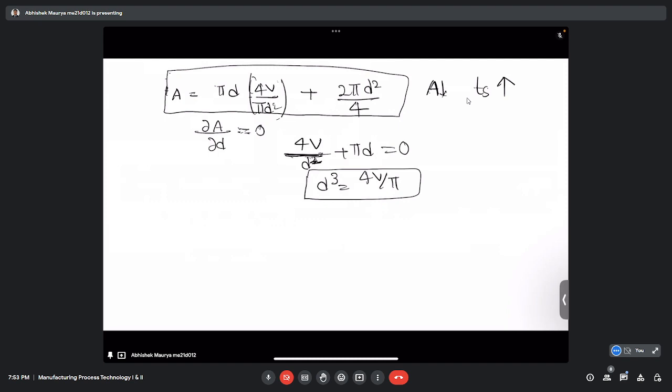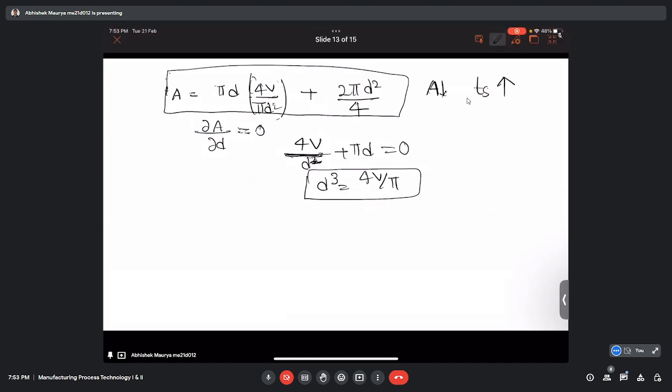But if you see, what is the relation between the volume and the height which we had earlier? Here, if we want to substitute the volume with the height, because ultimately what we want is the relation between the diameter and height, and the volume is fixed.